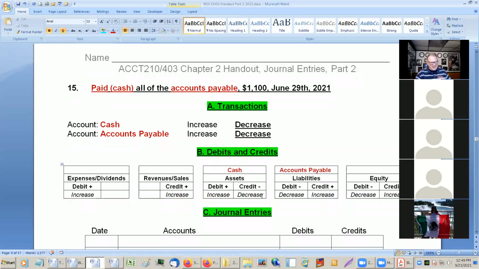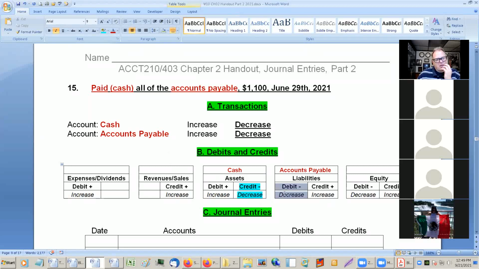Okay, so let's take the cash first. Cash is going down. It's an asset. Will it go down with the debit or credit? Credit, good. So it's decreasing, so it'll be a credit. Accounts payable is going down.